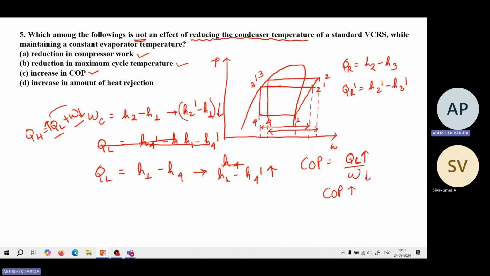So we'll see whether the decrease in the W is more or the increase in the QL is more. Based on that only we can comment. So this is of course not an effect we can state directly. We have to analyze to find out whether the heat rejection will increase or decrease. So based on elimination we can tell the correct answer is D, increase in the amount of heat rejection. Okay. Okay, sir.